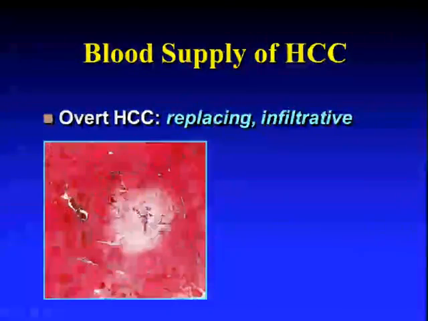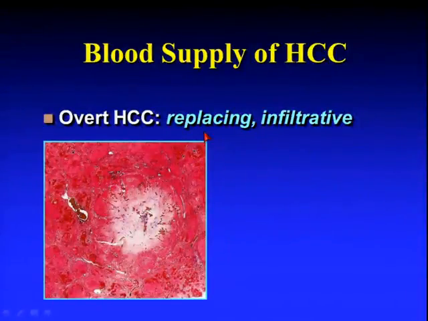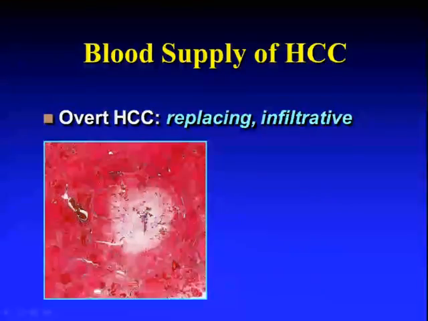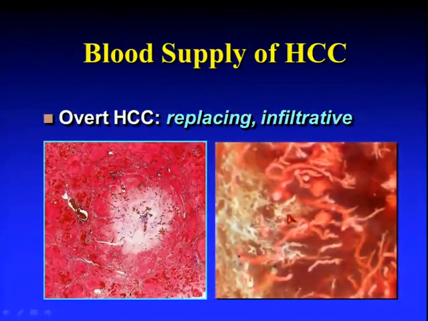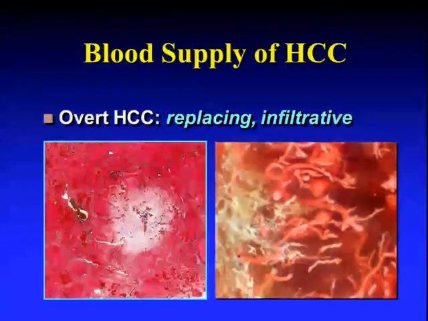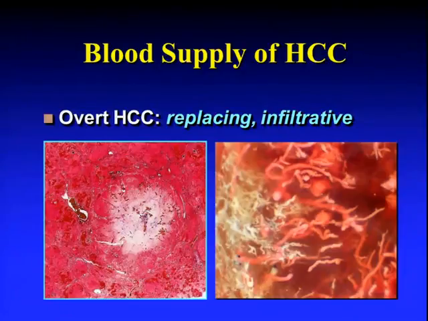But in HCC with replacing or infiltrative tumor growth pattern, it is pretty hard to delineate the boundary of the tumor. Actually, in the border zone, the hepatic arterial supply and the portal venous supply are mixed up.